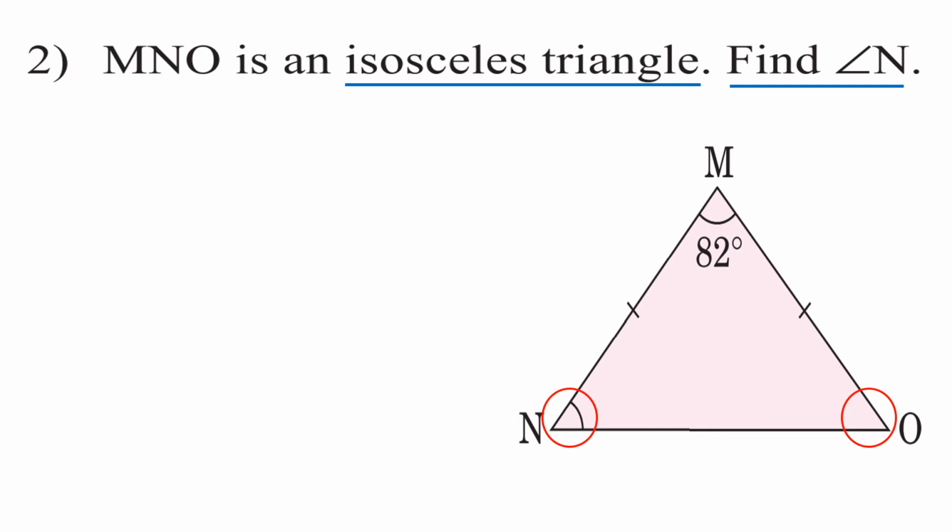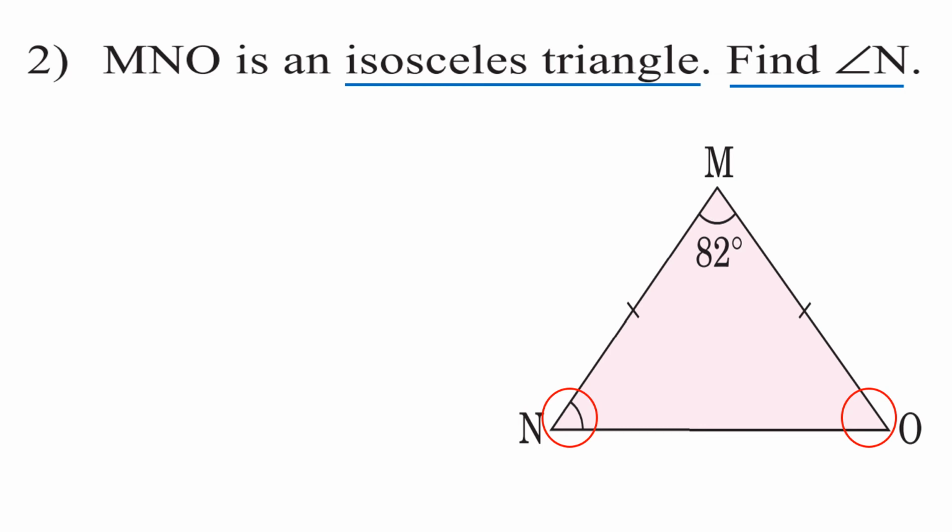Where is angle N? The angle N is here, and the other side is angle O. Angle N and O are equal, they are the same because this is an isosceles triangle.